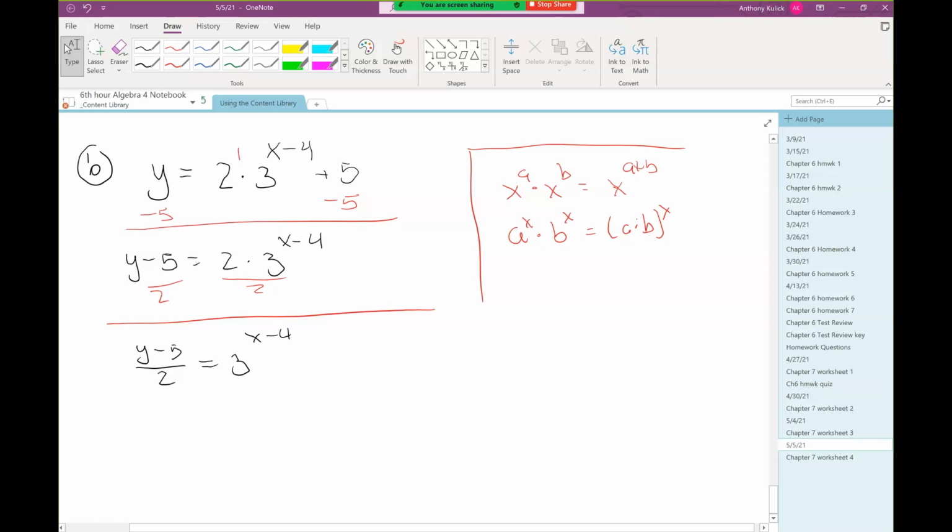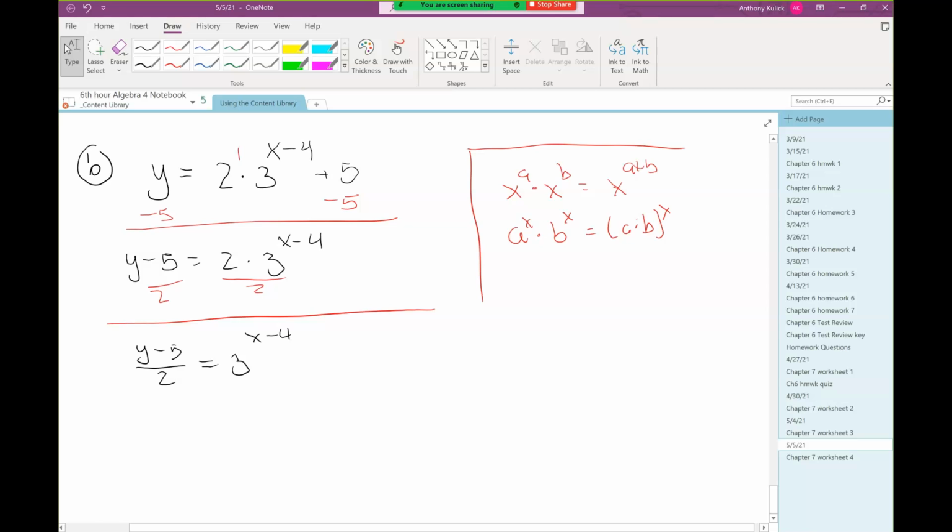So 3. I do not want to multiply by a reciprocal. That's not going to cancel out an exponent base. It's not 3 times x minus 4. It's 3 to the power x minus 4. What if we use 3?